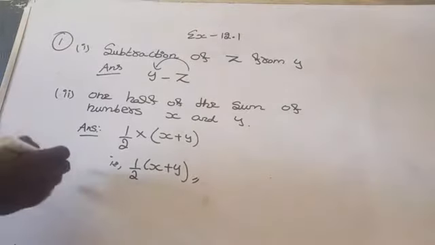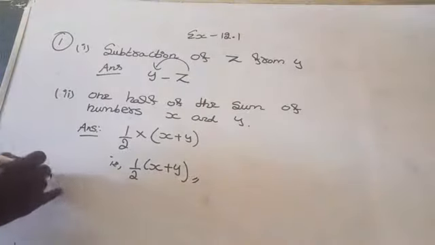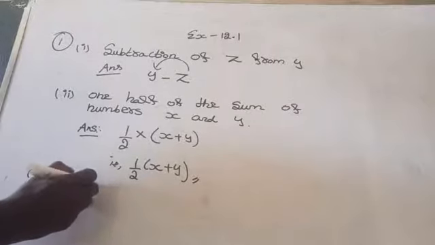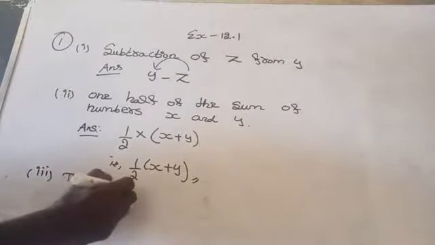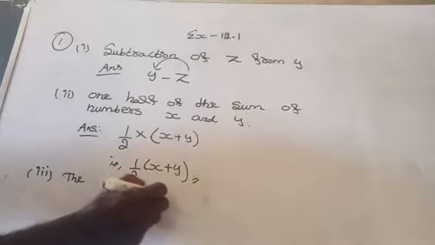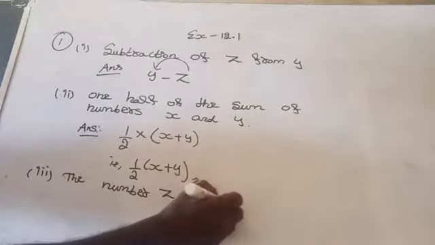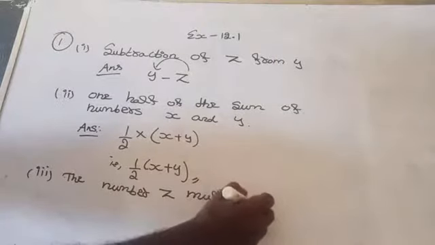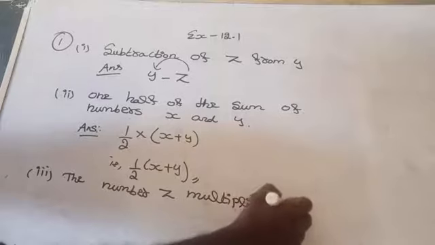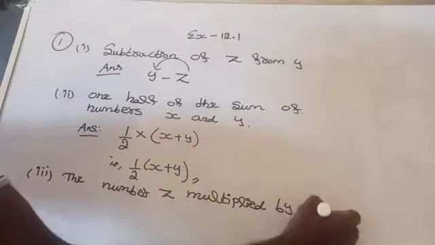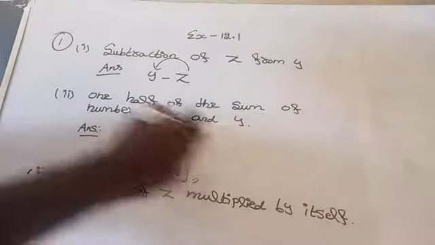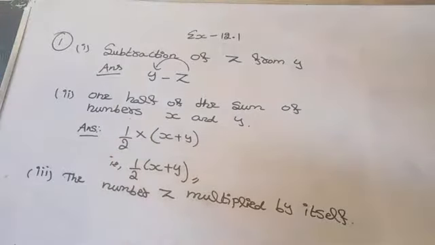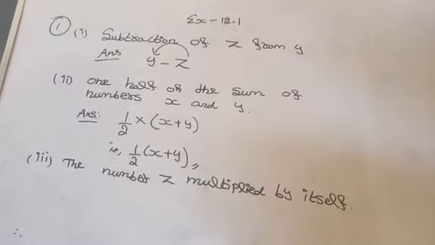Then the third part is the number z multiplied by itself. Let the number be z.